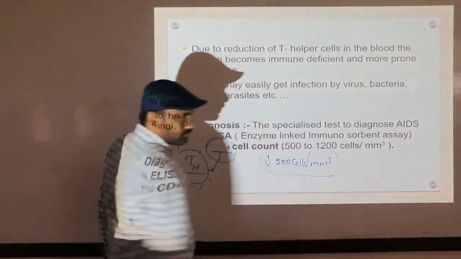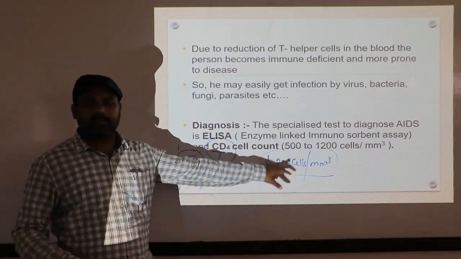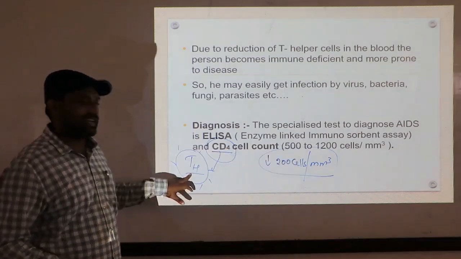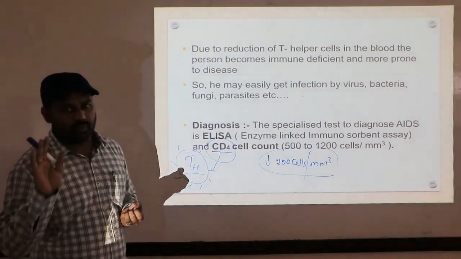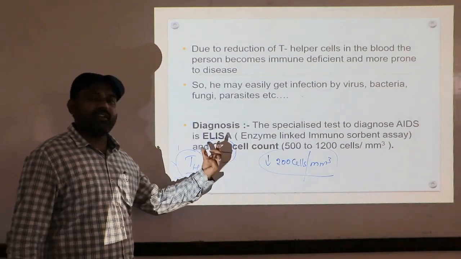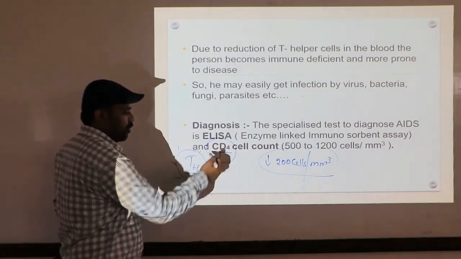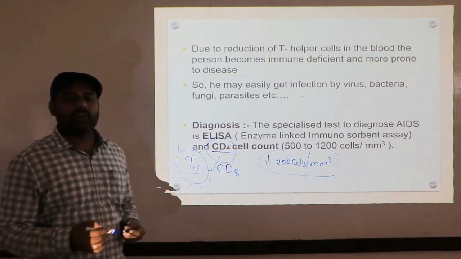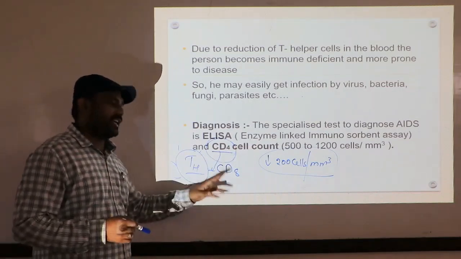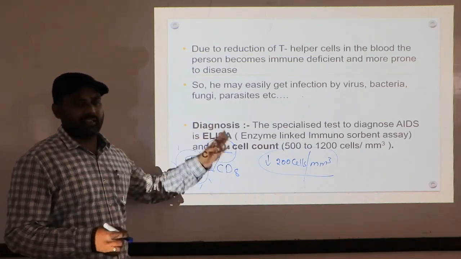Do remember. Clear? In any person, less than 200 cells per mm cube TH cell count is an indirect evidence of HIV. Do remember this. Clear? So in case of HIV, specialized tests are called CD4 count, and one more is CD8. That is also cluster differentiation 8. So CD4 and CD8 count is also one of the methods to diagnose the HIV.